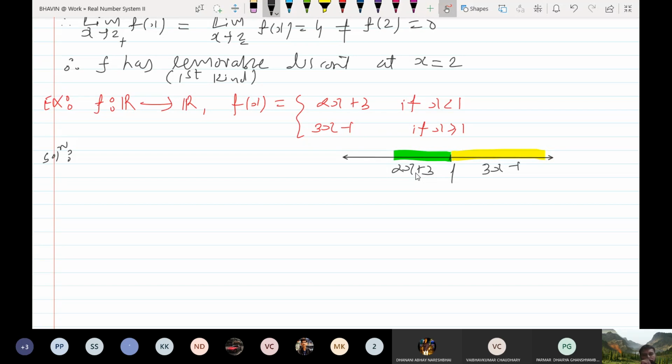Abhay, tell me what does this represent? f(x) की left limit at point 1। No, geometrically what does it represent, 2x plus 3?